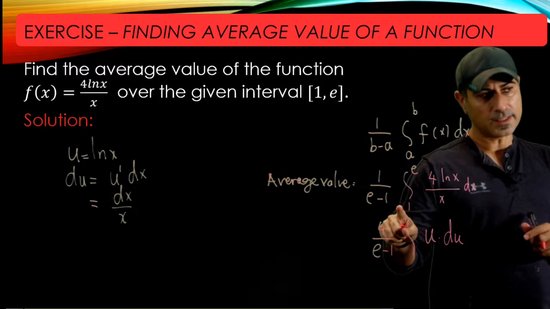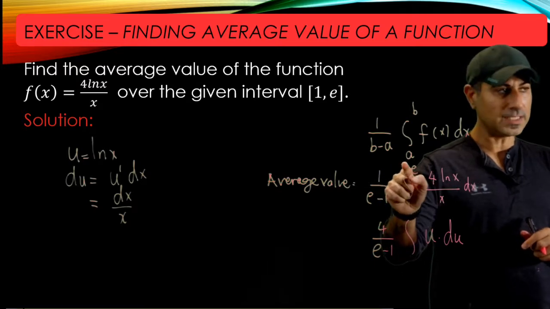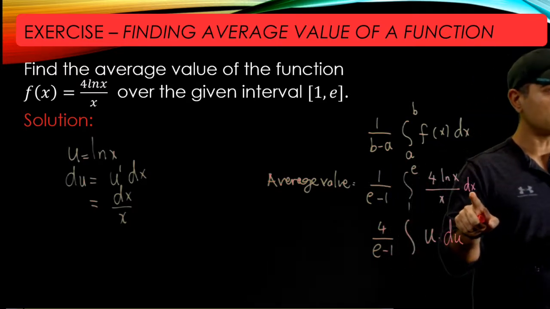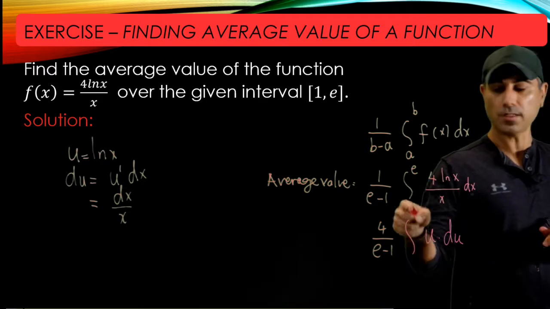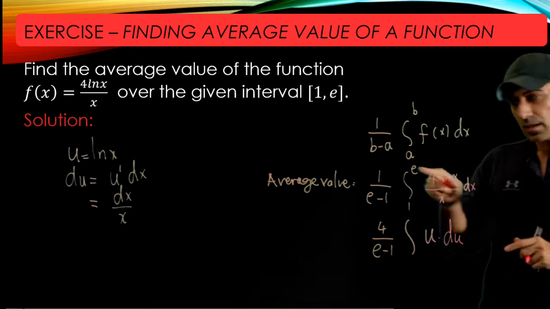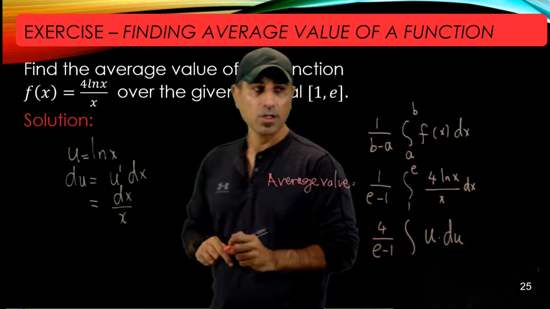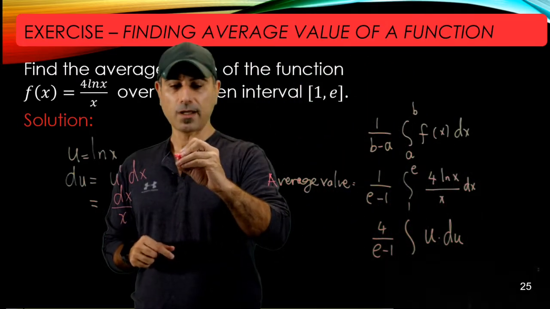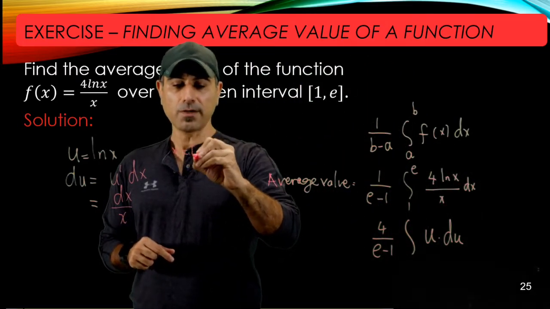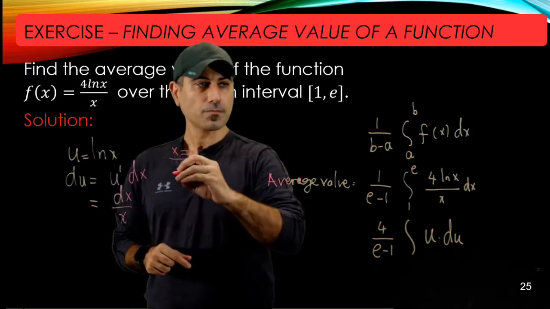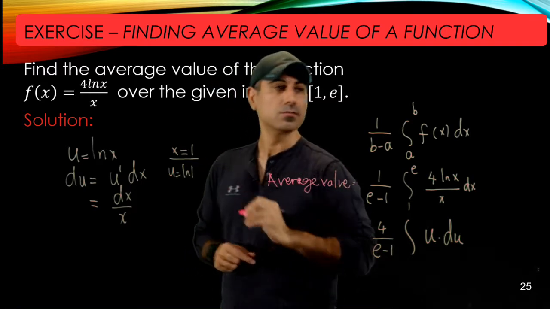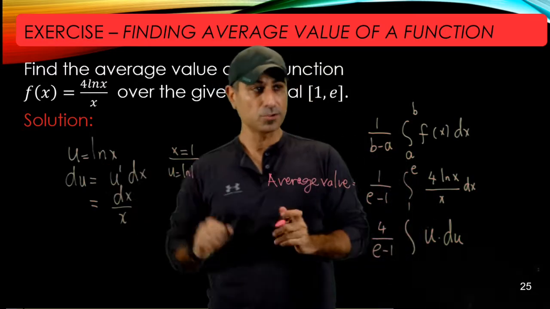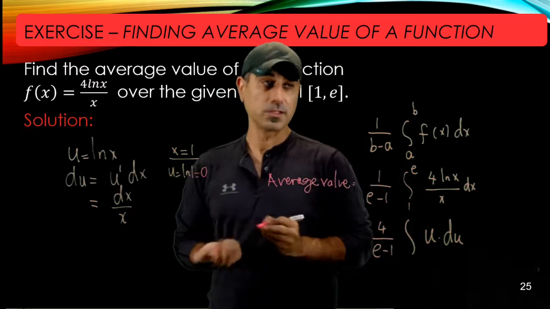These limits, x equals 1 and x equals e, are for x because the main variable of the integral is x. Now it's a u integral, so this should be u equals something and u equals another thing based on the U substitution that I used. So let's replace the limits. When x equals 1, u is exactly equal to ln 1, which is equal to 0.